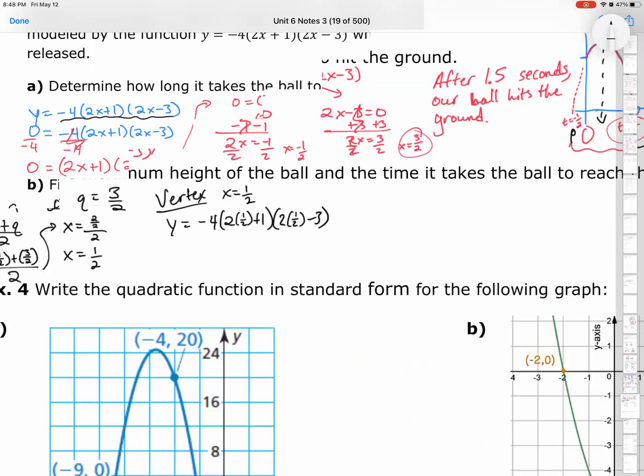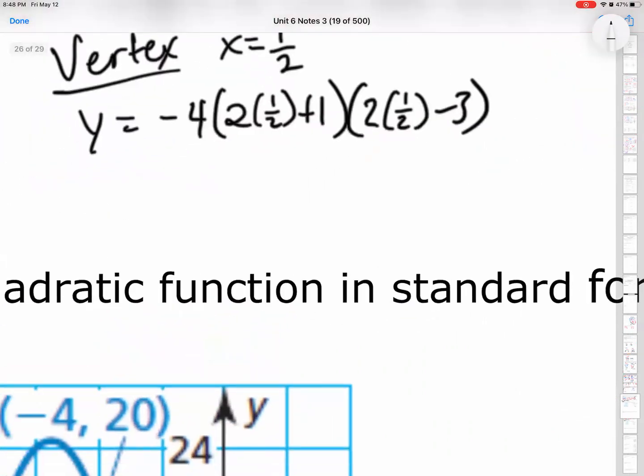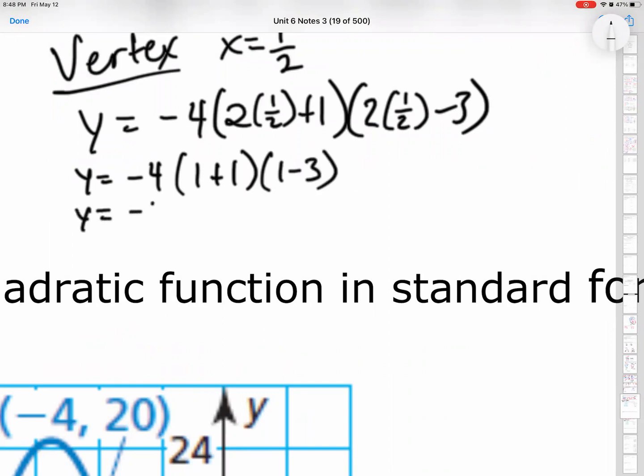So end up with y equals -4 times, this would be 1 plus 1, and then 2 times 1/2 would be 1 minus 3. So -4 times 2 times -2. And then ending up with, looks like a value of 16. So this would be -8 times -2 would be +16.